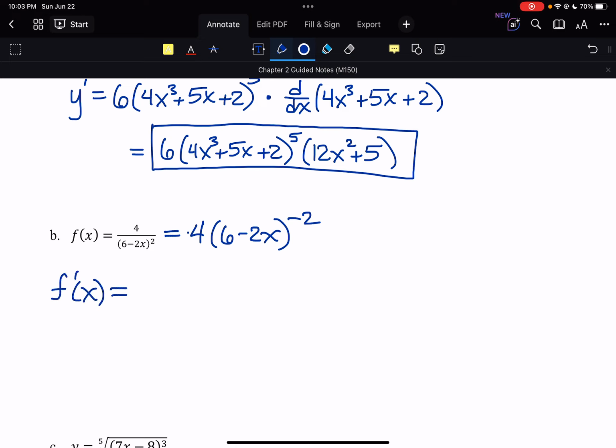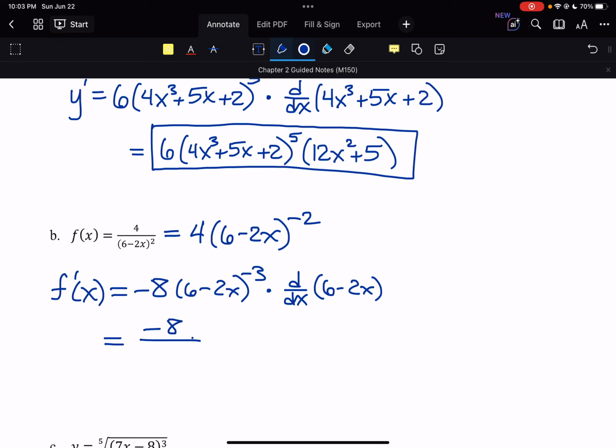f prime of x, we bring down the negative 2. And we subtract 1, times the derivative of the inside function. So let's see here. That's negative 8 over (6 minus 2x) cubed, times this derivative, which is just negative 2.